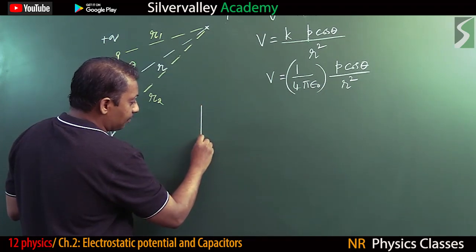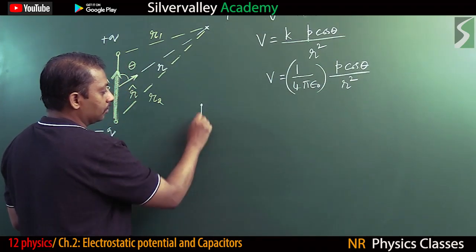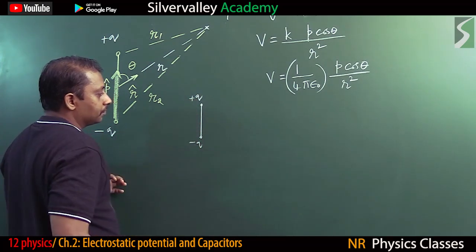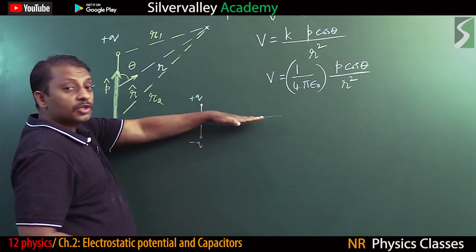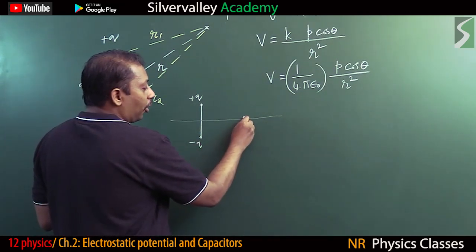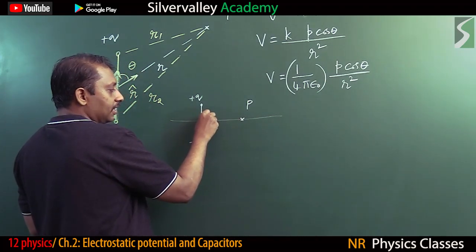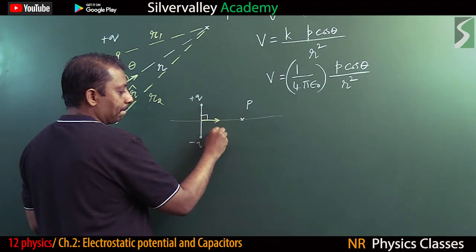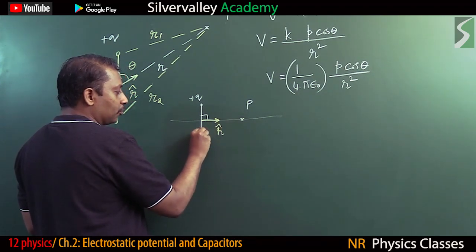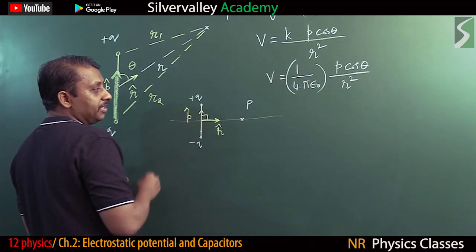This is the dipole, minus q, plus q. Equatorial plane: if point P is here, then the angle between position vector and dipole moment vector is 90 degrees.